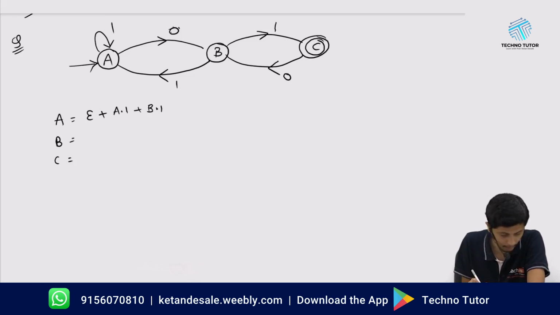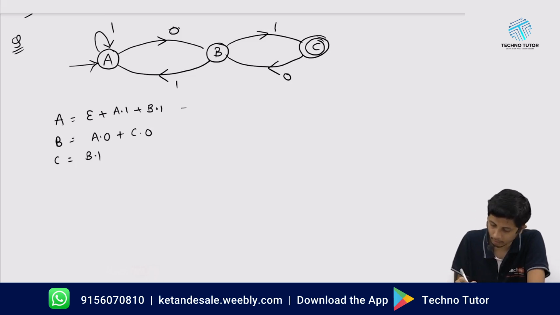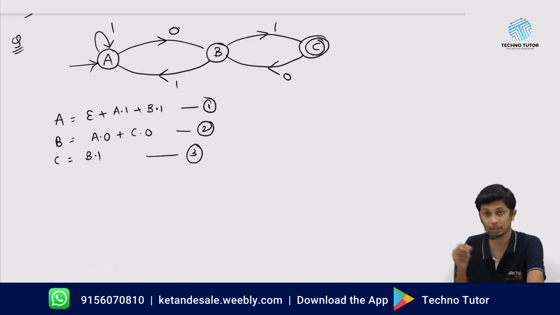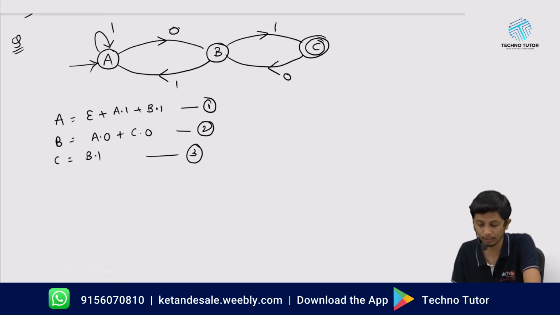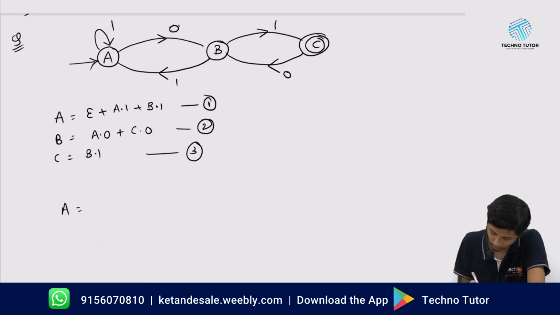B का इक्वेशन होगा आपका A डॉट 0 प्लस C से एक इनकमिंग आ रहा है C डॉट 0. C का इक्वेशन होगा आपका B डॉट 1. Okay, so name this because it will help you in writing the proper explanation which to be replaced in which type of equation. Okay. Now if you focus on A, just first try where you can replace, but before that equation 1, A is equal to epsilon plus A1 plus this B1.